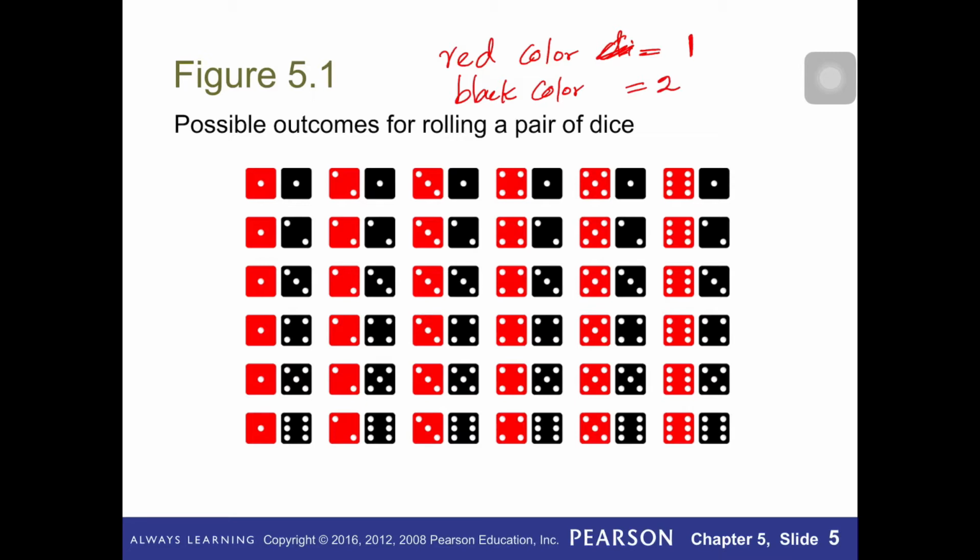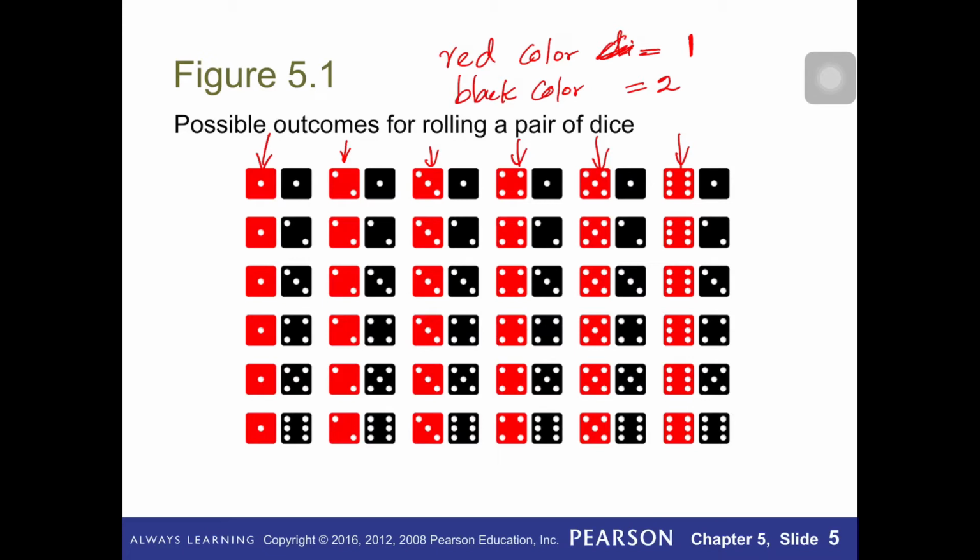When I roll the first die, which means the red color die, I can get these possible outcomes: 1, 2, 3, 4, 5, 6, but at once only one number.